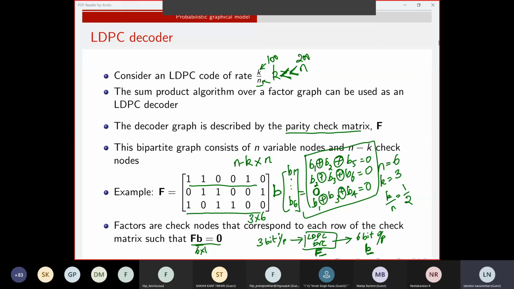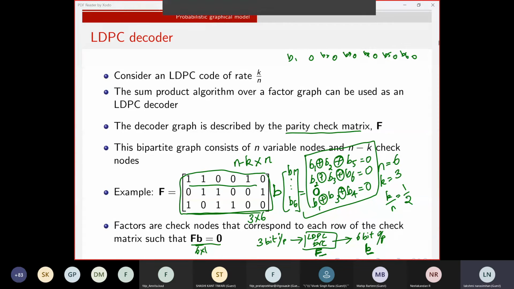And this check matrix is exactly what we are going to use to construct a graph. In this example, as usual, we draw a bipartite graph, which should contain 2 sets of nodes. One is the variable nodes. That's easy: we have 6 variables here, B1 through B6.